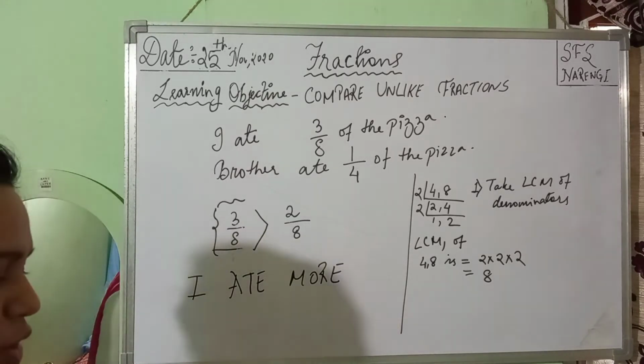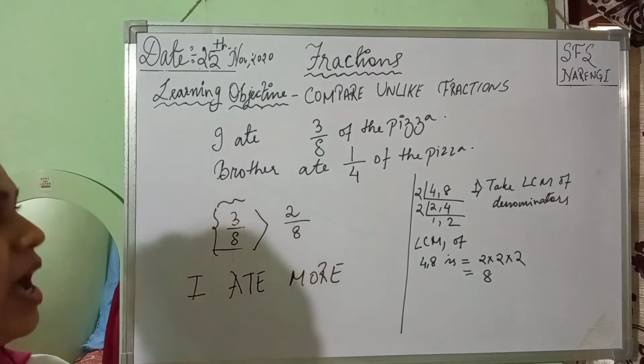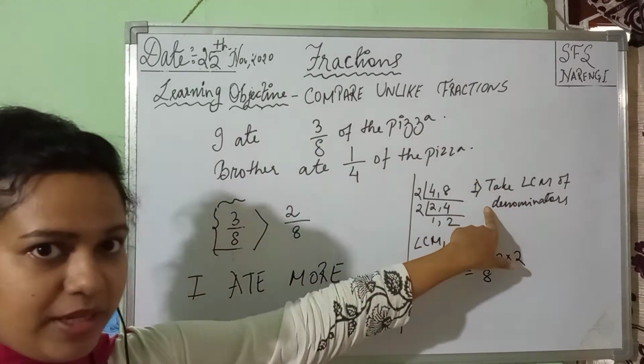Alright. So this is how we compare unlike fractions. To compare unlike fractions, number 1, take the LCM of the denominators.